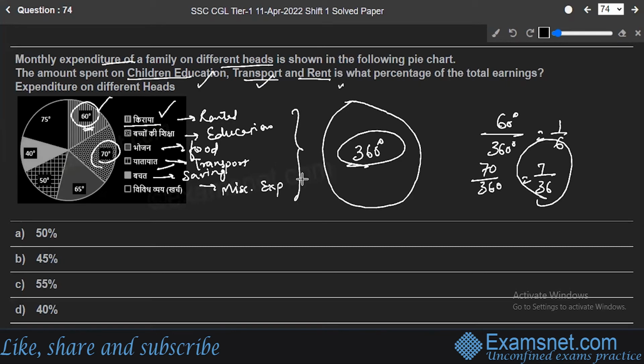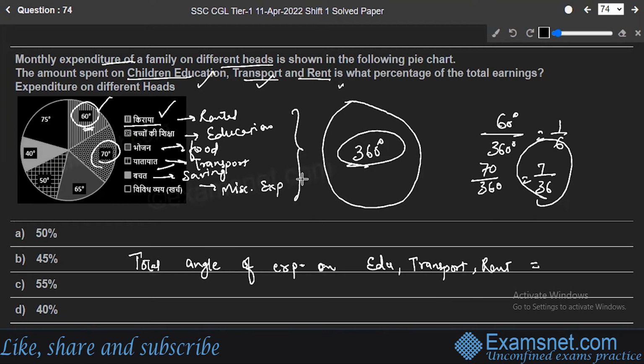So first of all, we have to see the total angle of expenditure on education, then transport, and rent.